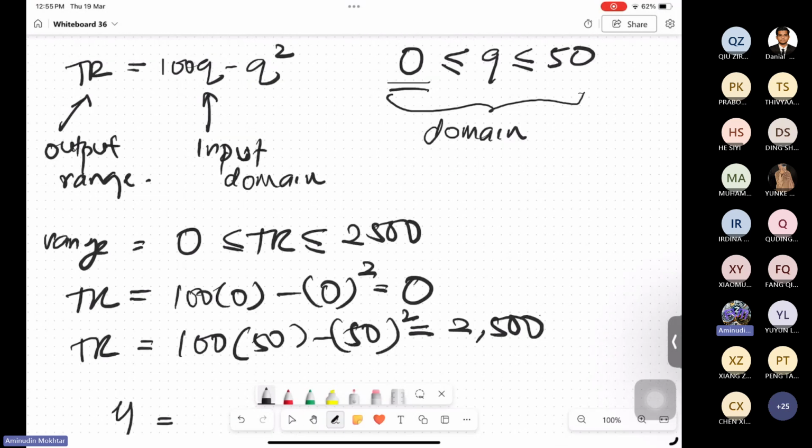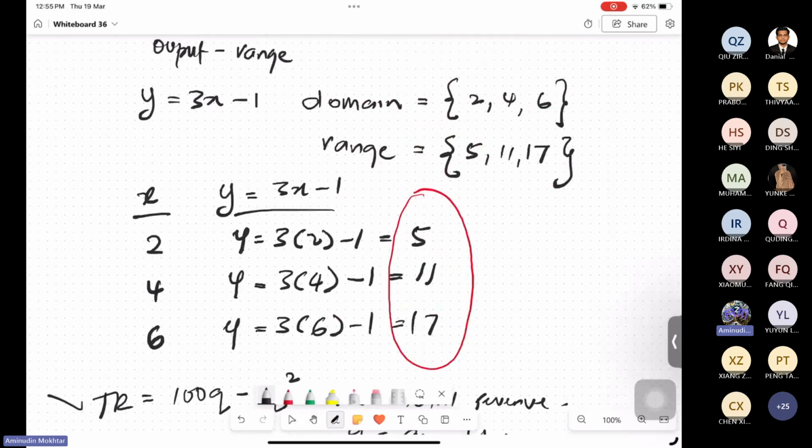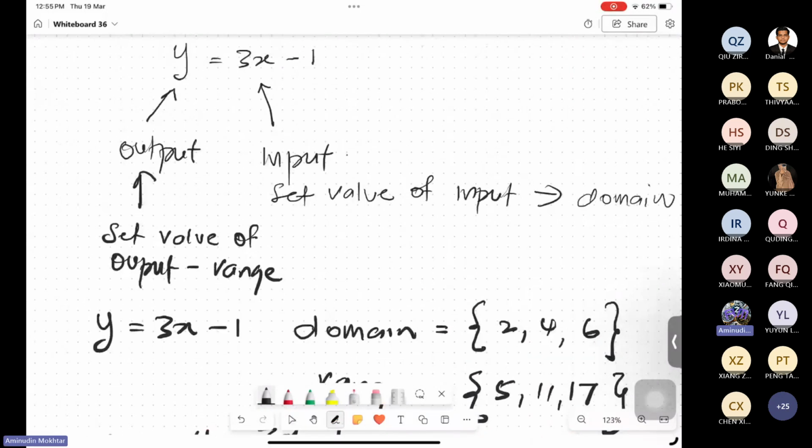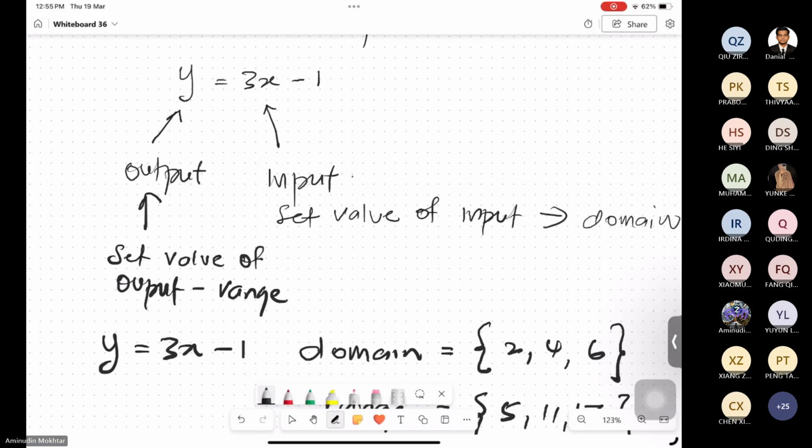Y equal to 3x minus 1. Because they have a few terms, a few labels for y and x. As I said earlier, y is output, x is input.